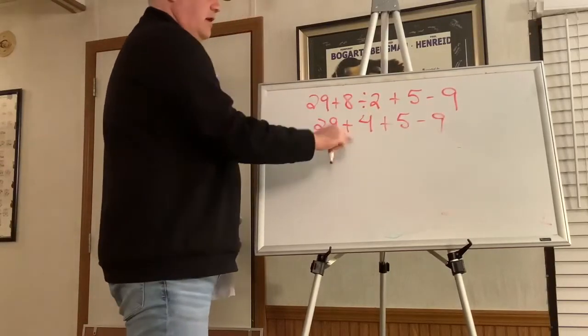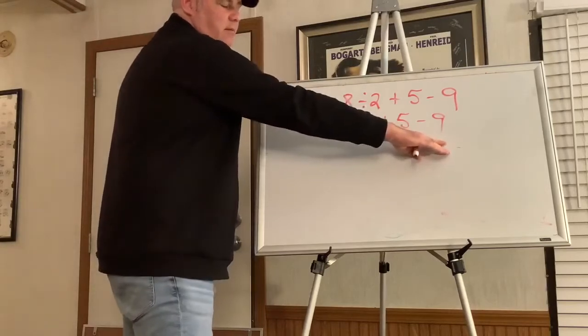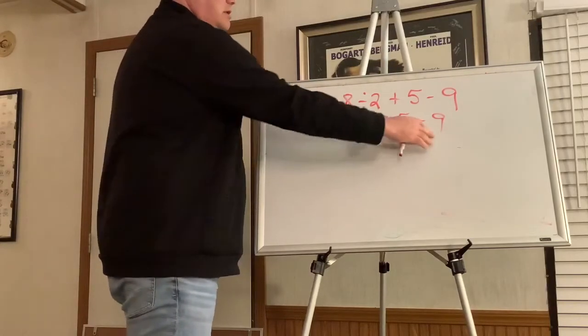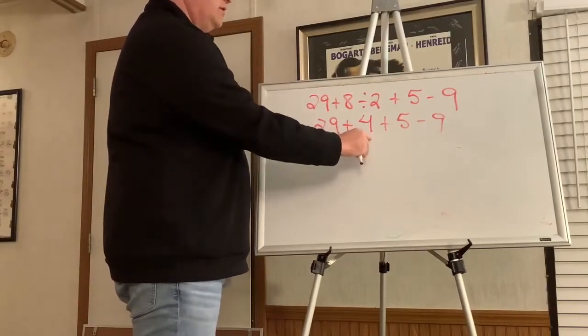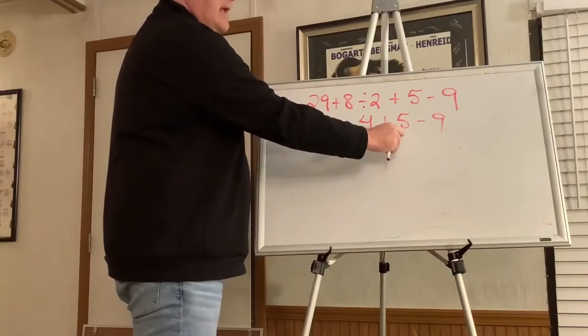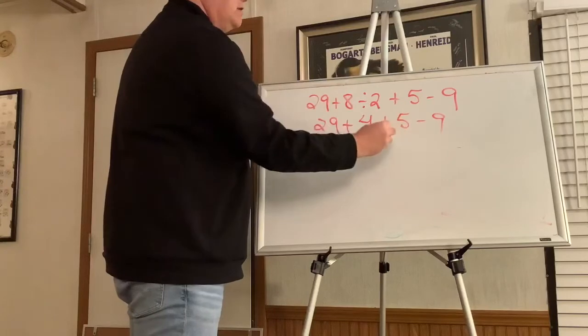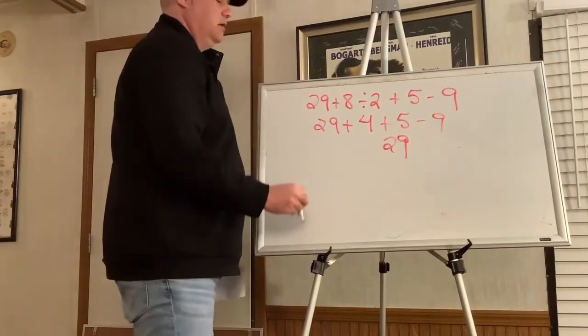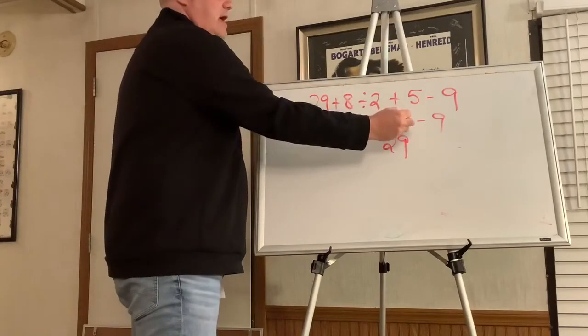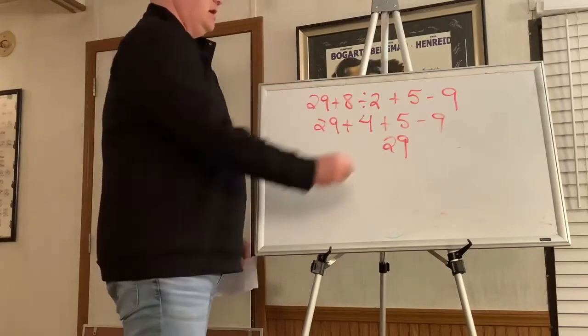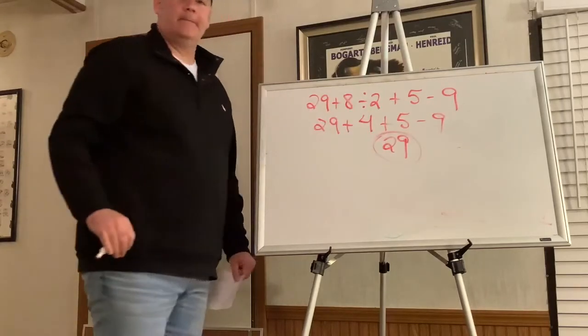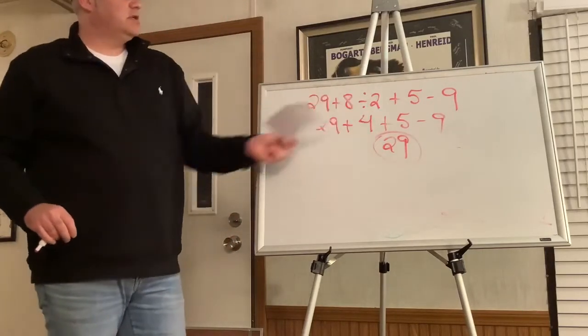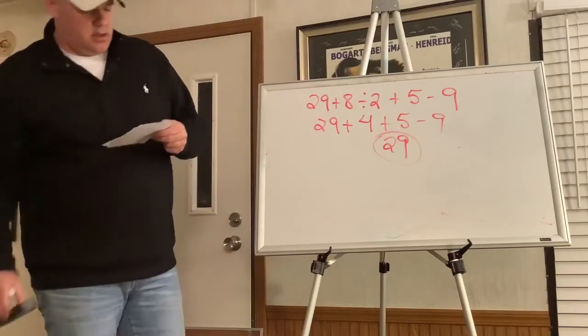Now you can go left to right, so you can just do the additions and the subtraction. So 29 plus 4 is 33, plus 5 is 38, minus 9 is 29. So that one was 29. Make sure you do the division and then go left to right.